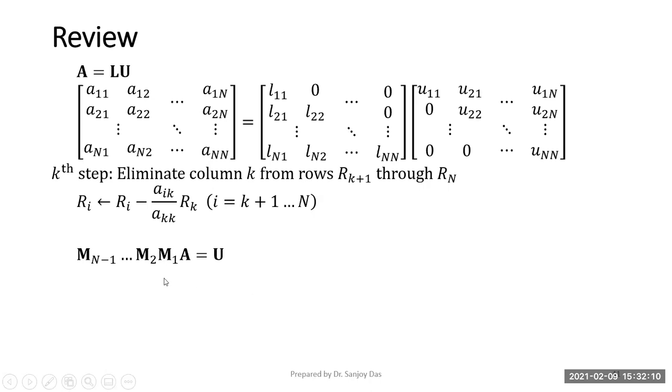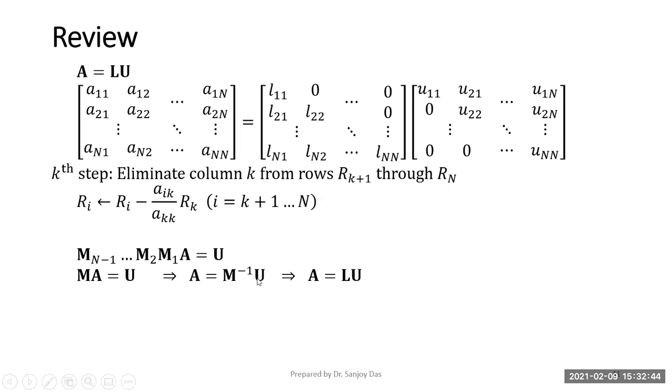So in effect, what we are doing is pre-multiplying the matrix A with a sequence of lower triangular matrices, and that gives us an upper triangular matrix. Whence MA equals U. These are all lower triangular matrices, and their product M is also lower triangular. So MA equals U, whence A equals M inverse U, right?